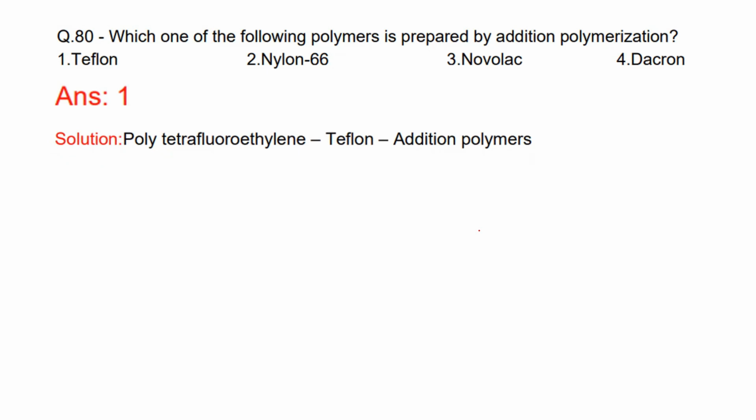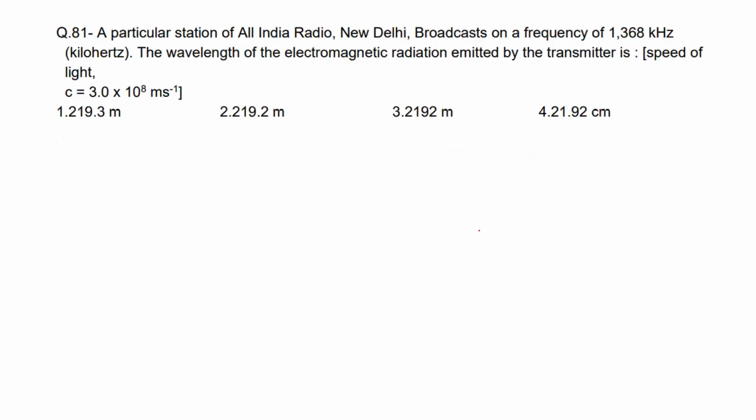Next, question number 81. A particular station of All India Radio, New Delhi, broadcasts on a frequency of 1368 kilohertz. The wavelength of the electromagnetic radiation emitted by the transmitter is? The speed of light is given, that is 3 × 10^8 meters per second.